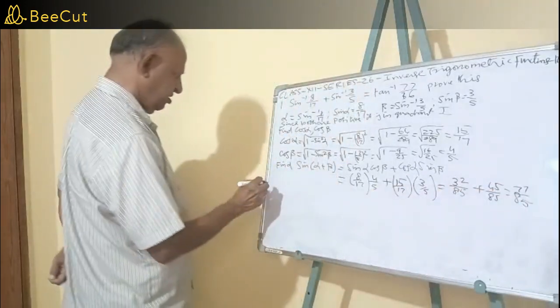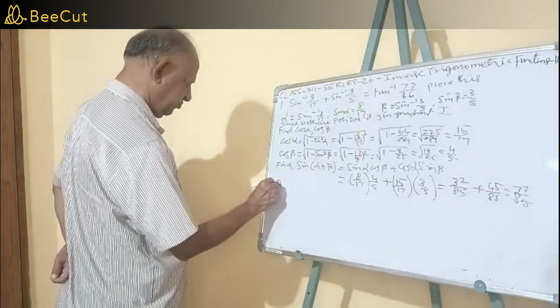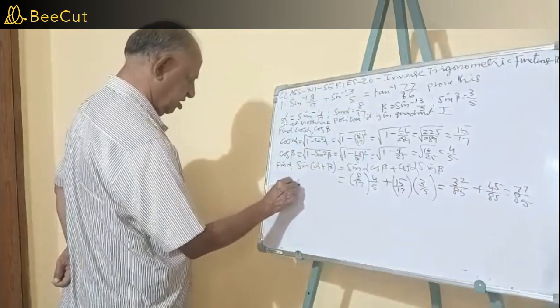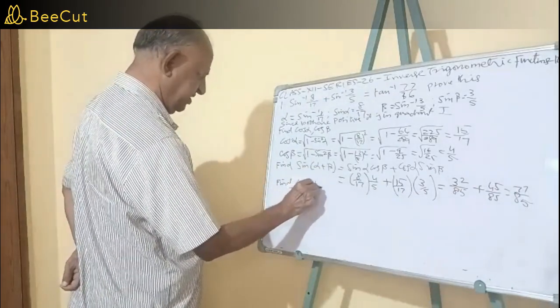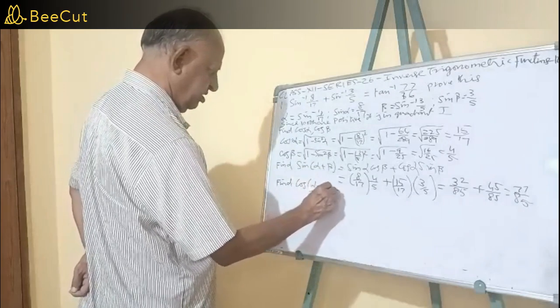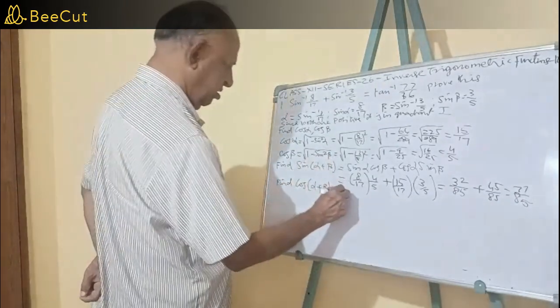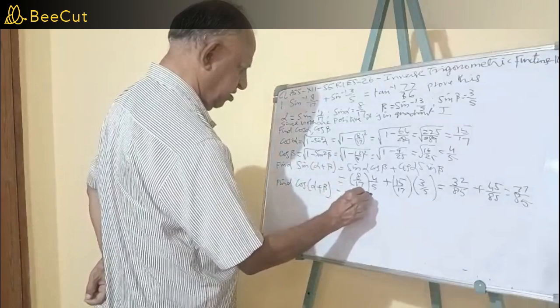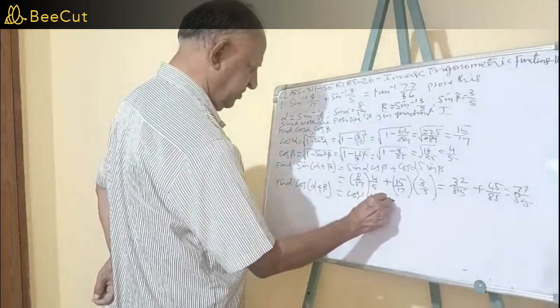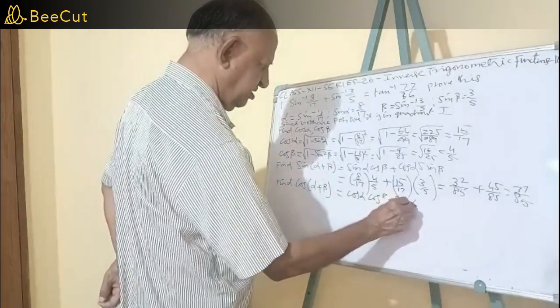Now find cos of alpha plus beta, which is equal to cos alpha cos beta minus sin alpha sin beta.